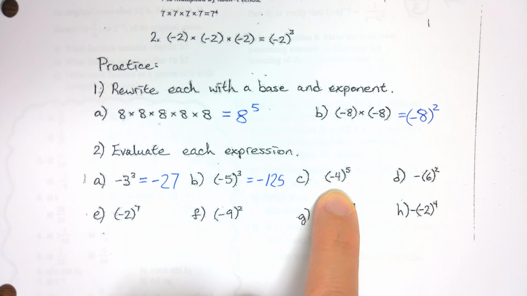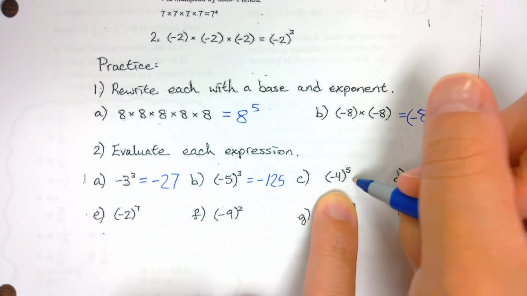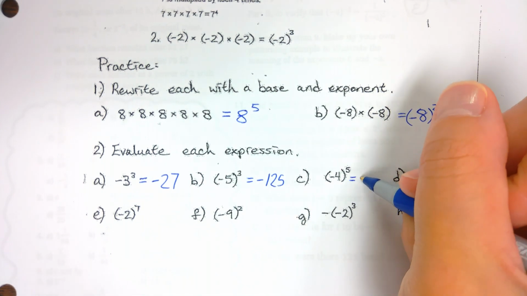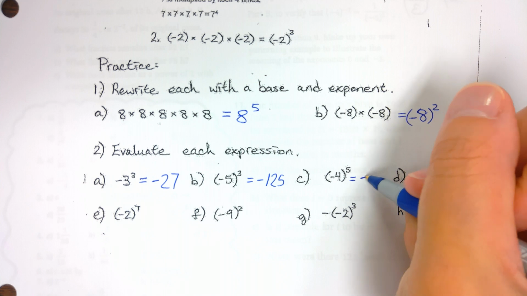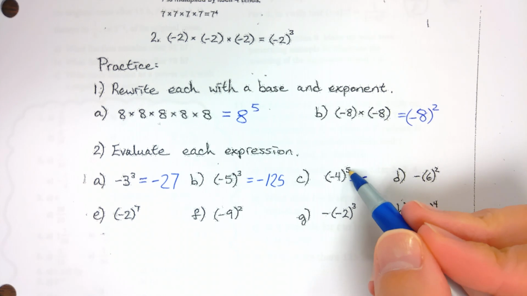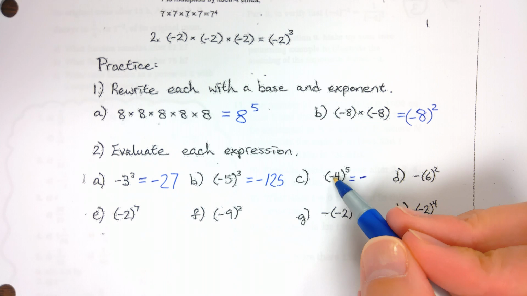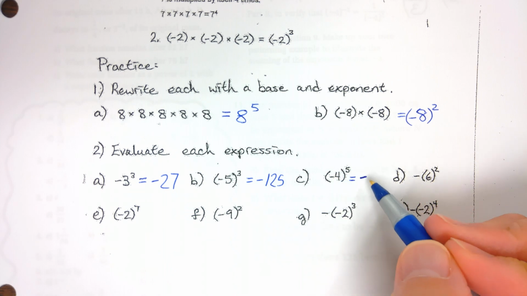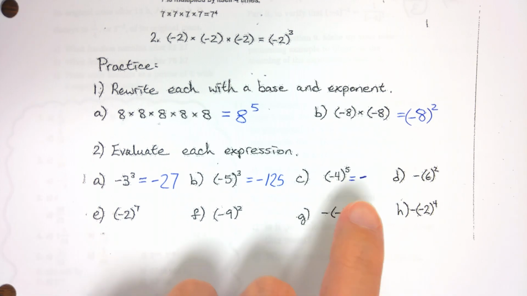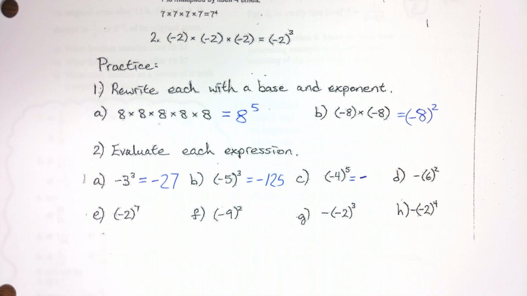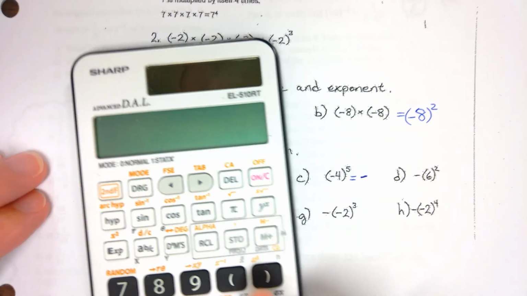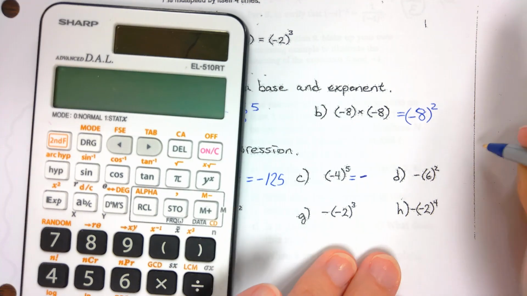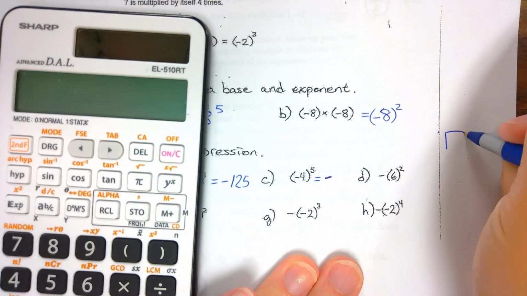Negative 4 to the power of 5. First off, positive or negative? Negative. That's right. Odd exponent, negative sign inside the bracket with an odd exponent, it's always going to be negative. So 4 times 4 times 4 times 4 times 4. On a calculator, the exponent button, I'm going to go over that with you too.